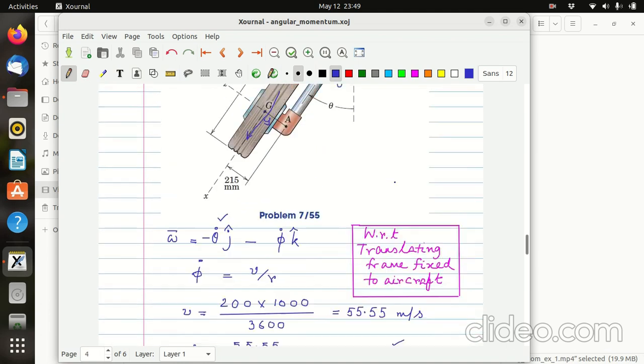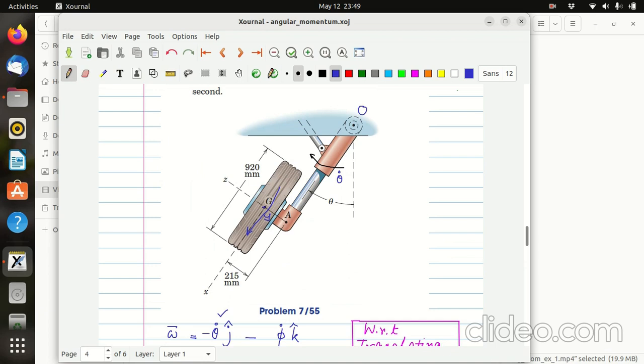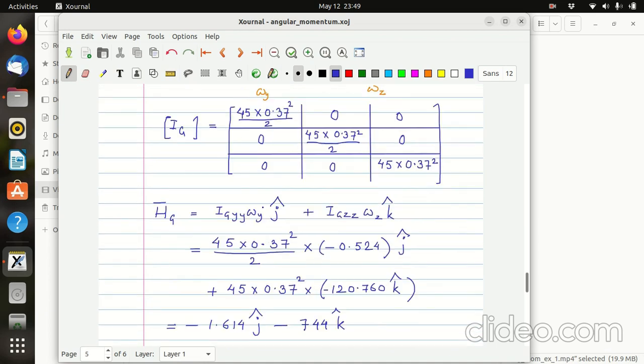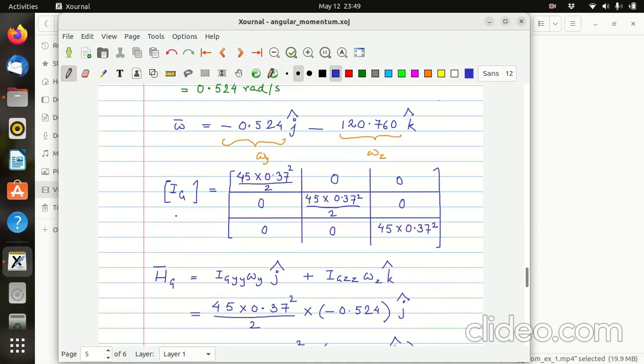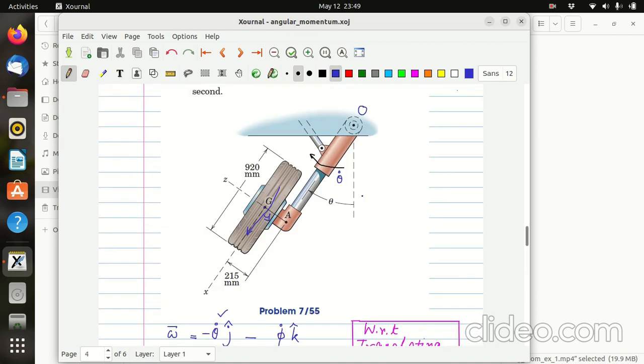Now what is the angular momentum of this about xyz? That is I matrix into omega, where Ig is the moment of inertia with respect to x, y, z. That means this is Ixx about the center of mass G, this is Ixy, and this is Iyy.